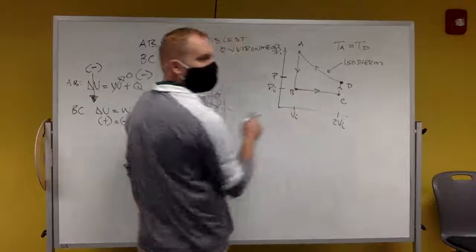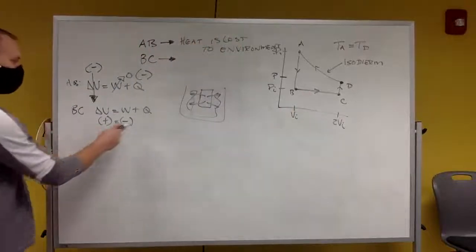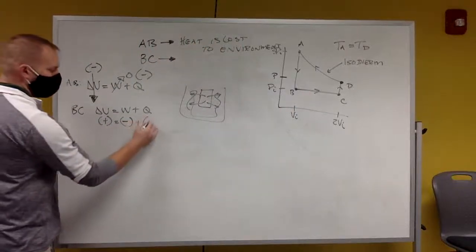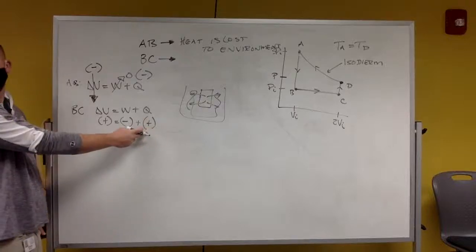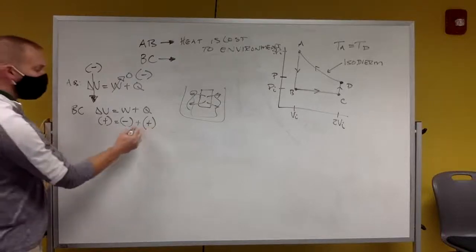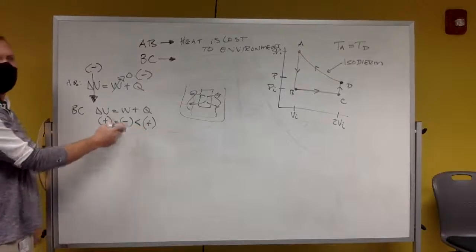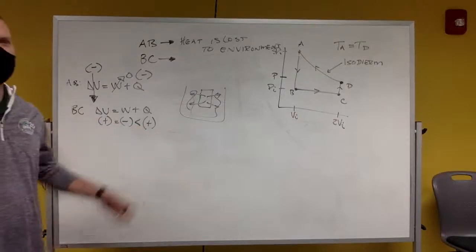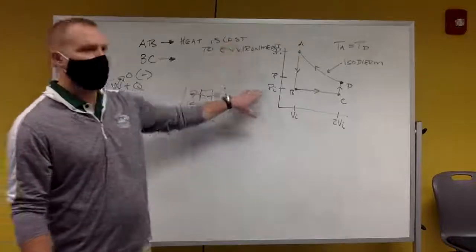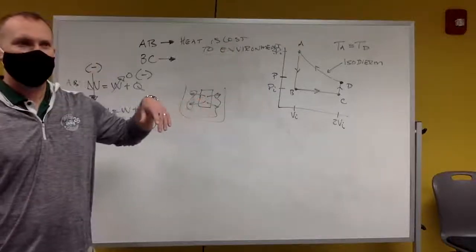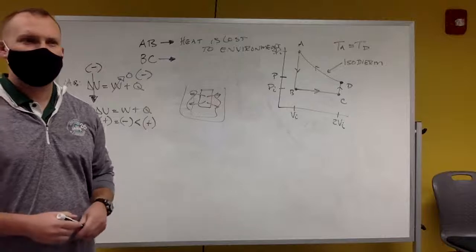We said the work was negative, right? So what has to be true about Q? It has to be a positive. Yes? And this has to be greater than this. So we're not losing heat to the environment. Now we're going from an ice bath and putting it in a boiling water bath. Yes? Everybody cool with that?